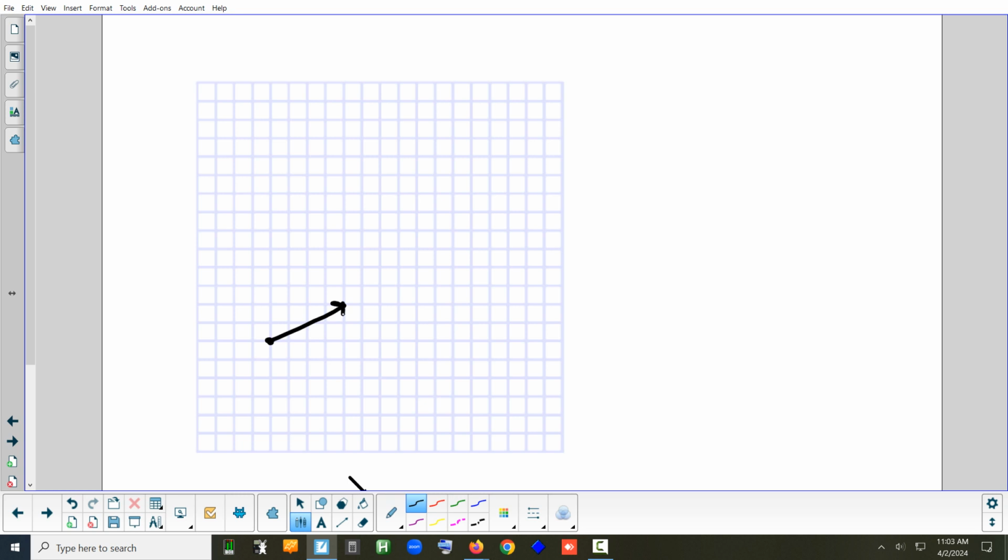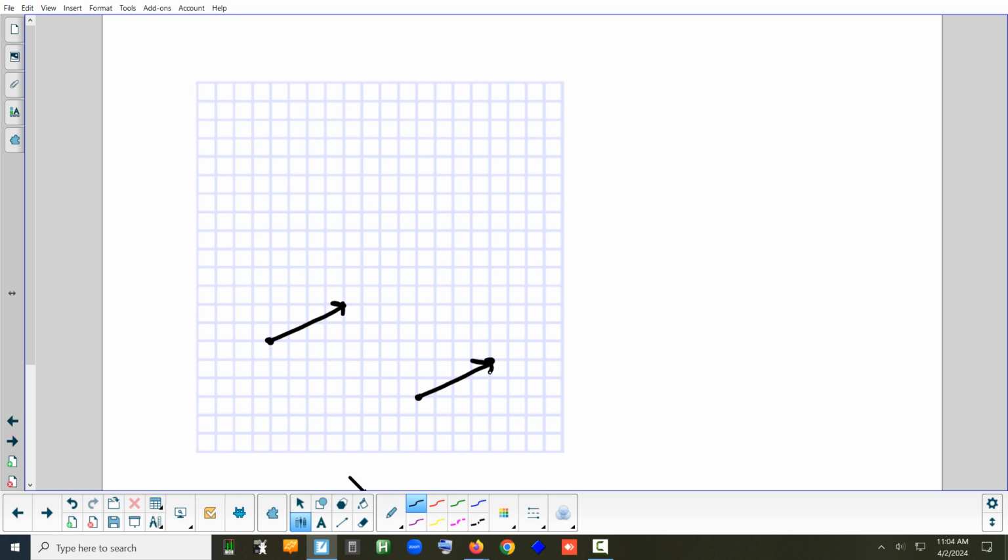And then I draw something that starts here and stops there. Do you think they're equal to each other? Yeah. How come? Same dimensions, they both go over and up the same.